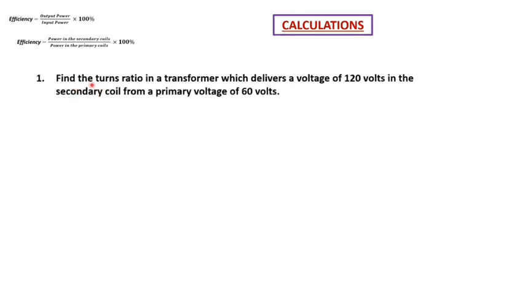Example 1. Find the turns ratio in the transformer which delivers a voltage of 120 volts in the secondary coil from a primary voltage of 60 volts. So what we're going to do, we're going to use the turns ratio is equal to NS divided by NP, which is also equal to ES all over EP.